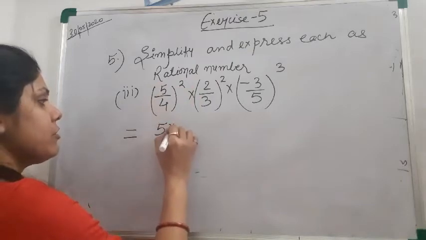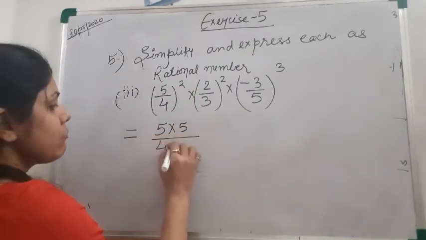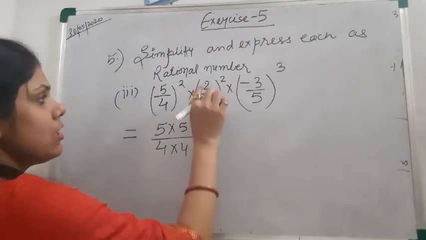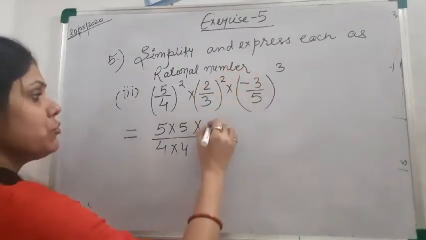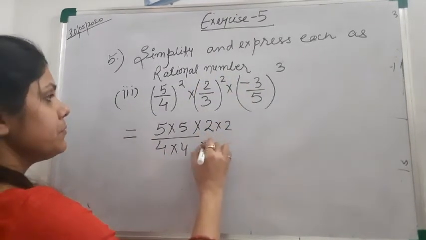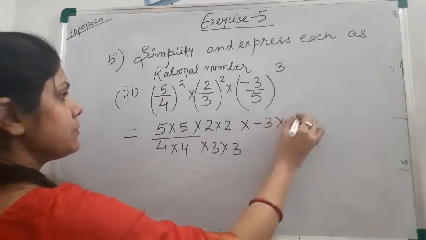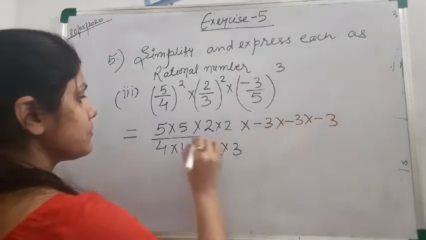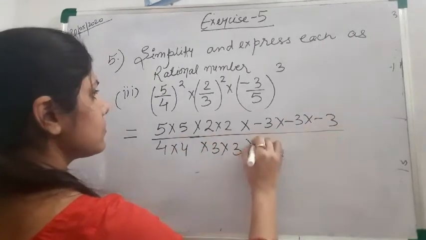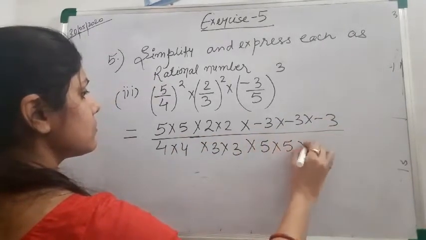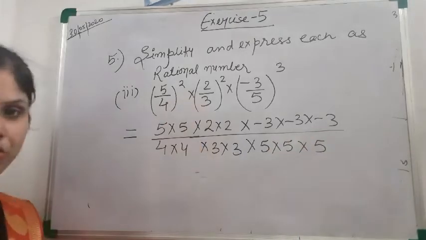You will write 5 into 5, 4 into 4. This (2/3)^2 is 2 into 2, minus 3. This is your question.